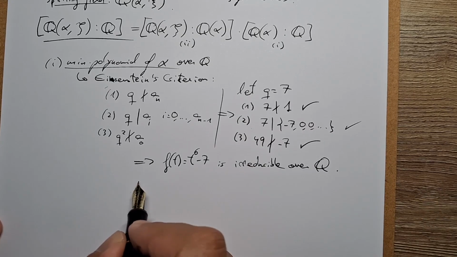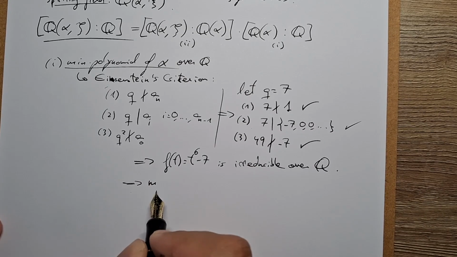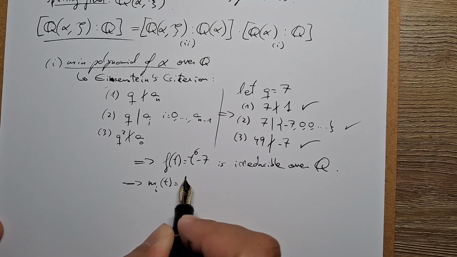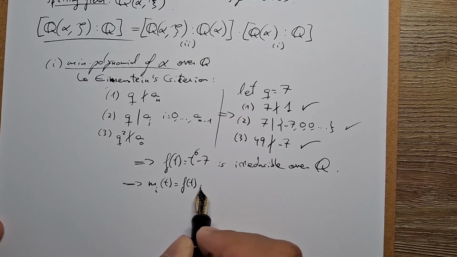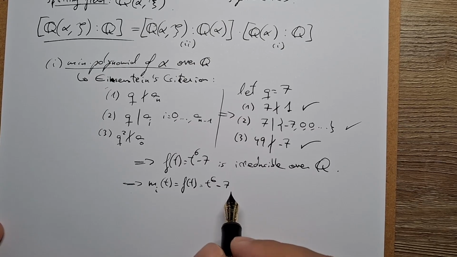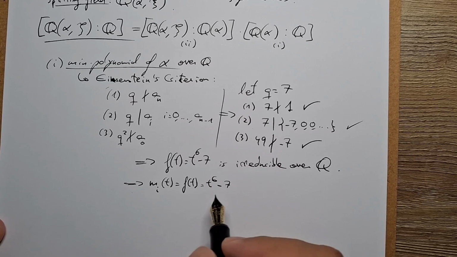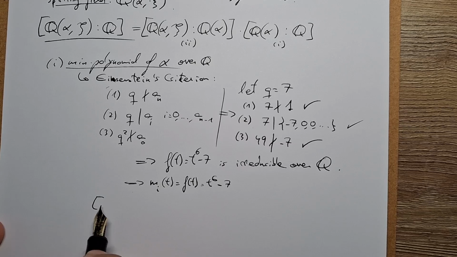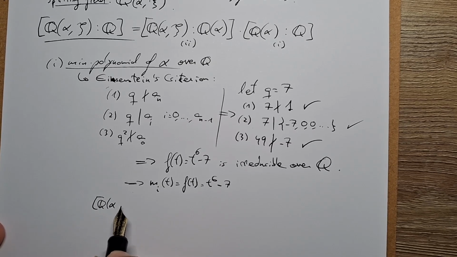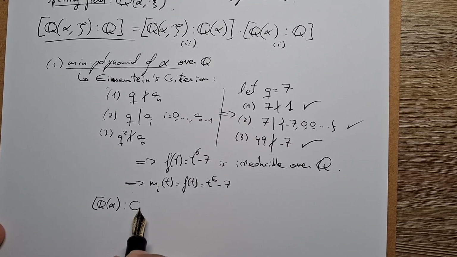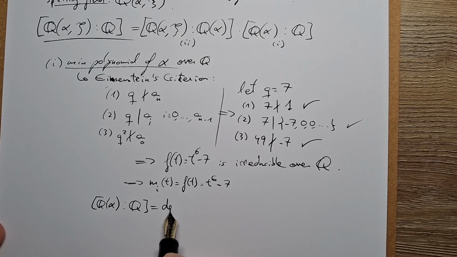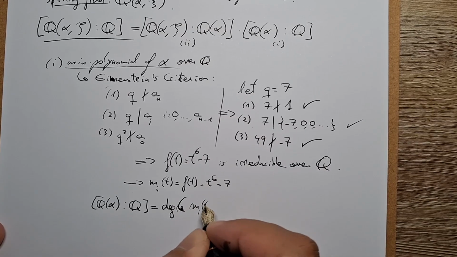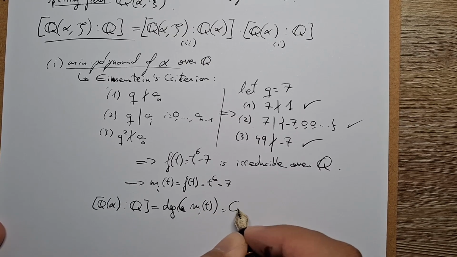Now we are going to use this polynomial as our first minimal polynomial, which is t to the 6 minus 7. This polynomial has degree 6, and by all the theory that we know, the degree of Q adjoined with alpha over Q is the degree of this polynomial, which is 6.